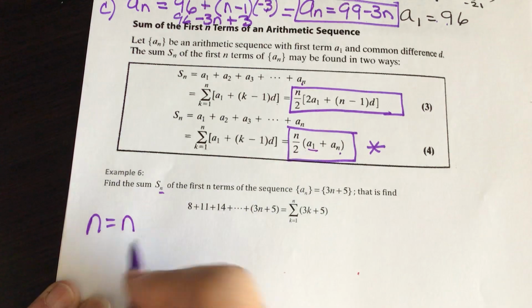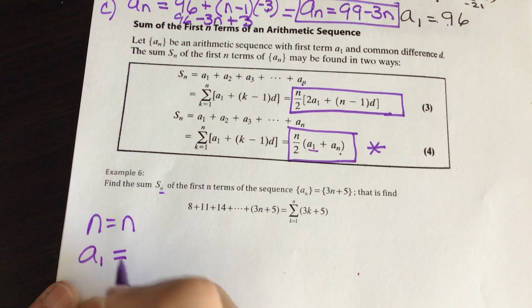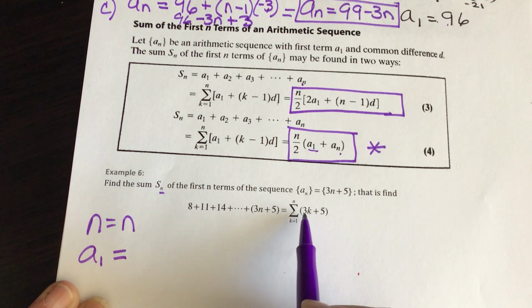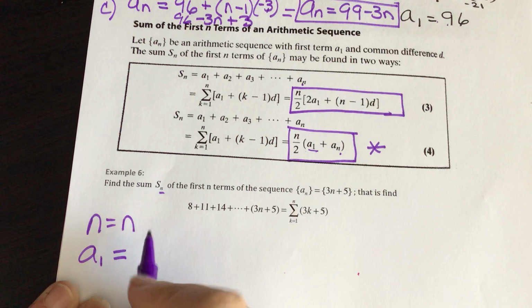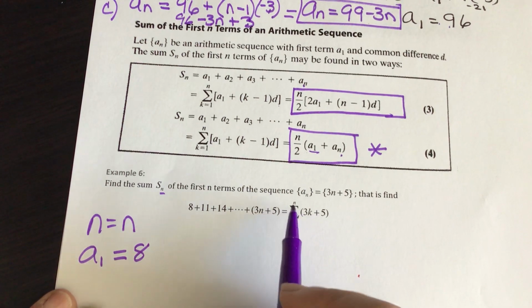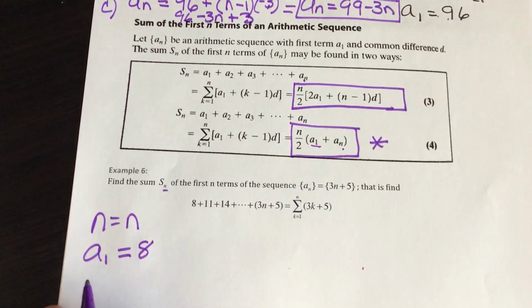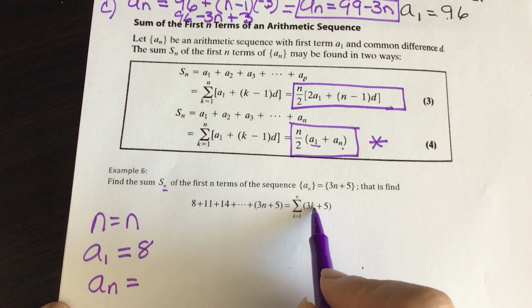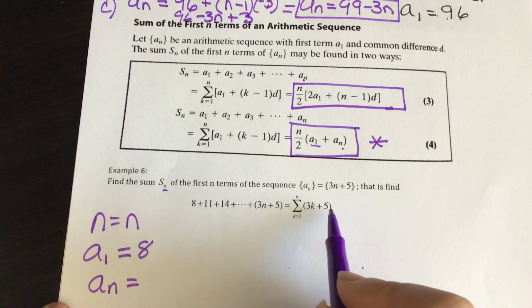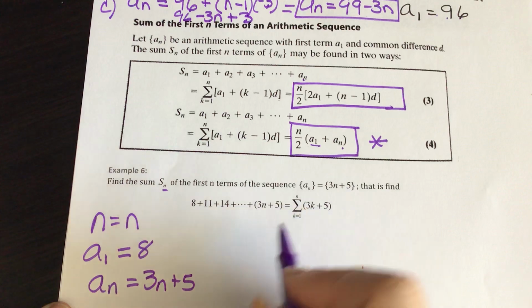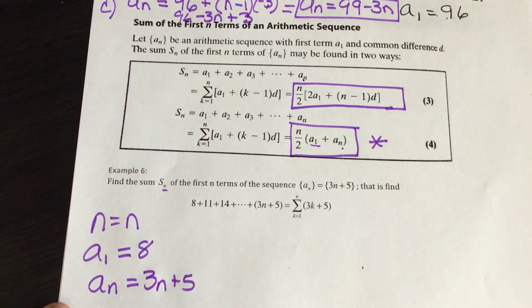I need to know the first term, so a sub 1 is, if I plug in 1 into my rule, 3 times 1 is 3 plus 5 is 8. So the first term is 8, and I also need to know the last term, which is a sub n. So instead of k, I'm just plugging in n. So this is 3n plus 5.